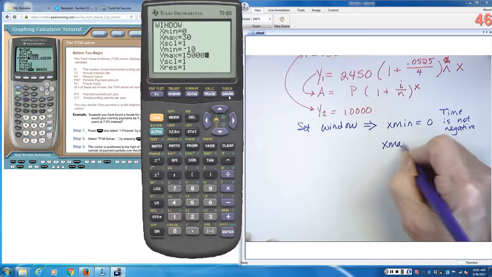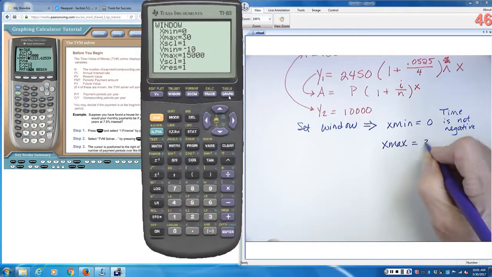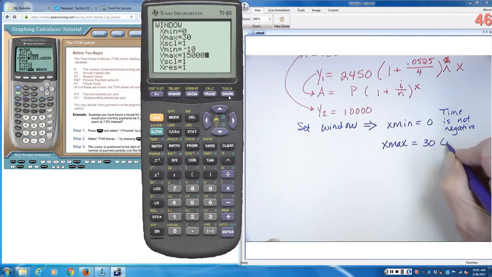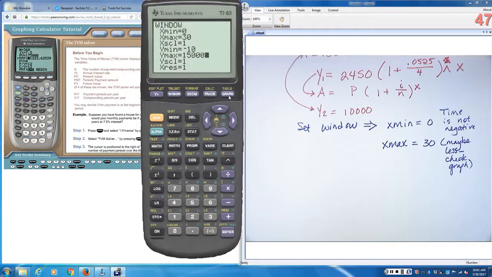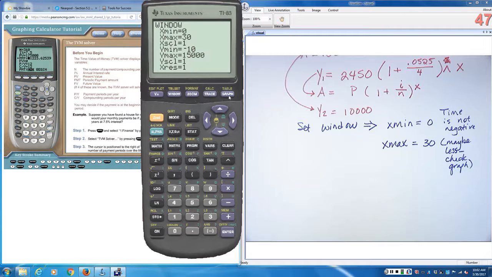X max, we're going to try 30, as a starting point. Better too big than too small. And then how you increment that X scale, it can be 1, it can be 3, it can be 10, whatever. I'm just going to leave it at 1.